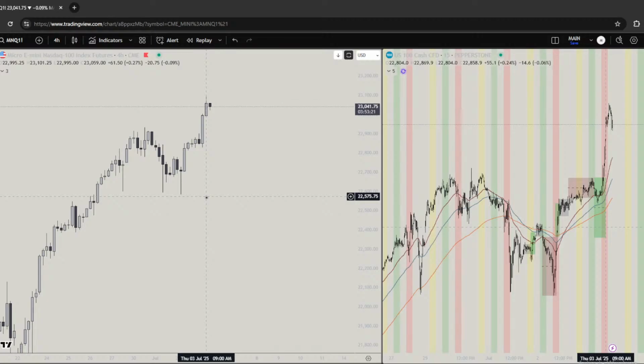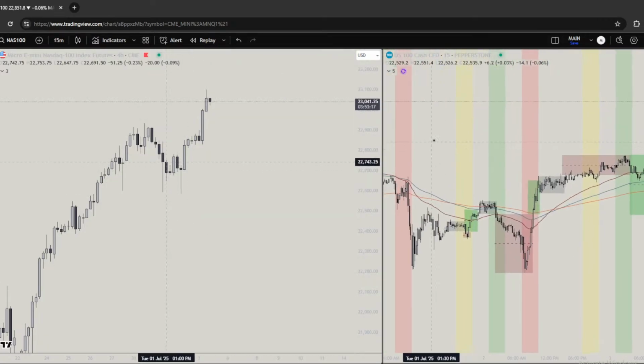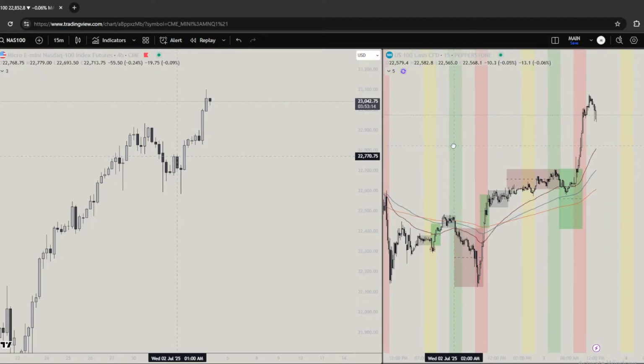Just running this field right now. Just getting a little more, just trying to get a little bit more familiar with my field.